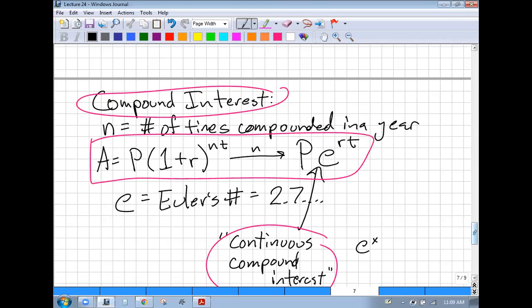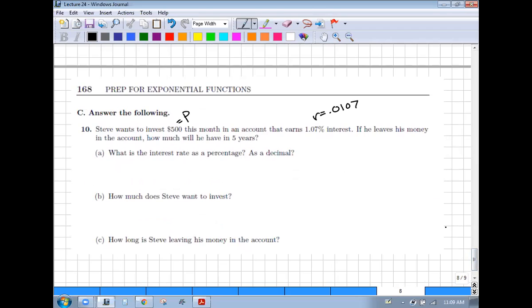The formulas don't understand the percent symbol. They understand numbers. Percent means per hundred, so 1.07 percent is 0.0107. That's the number the formulas want. The formula can't compute a percent symbol. That's just something for us.